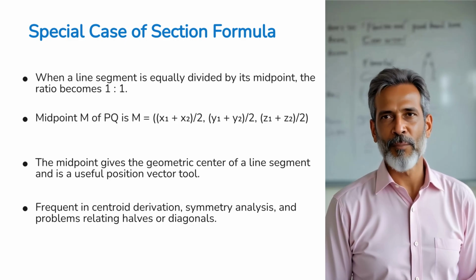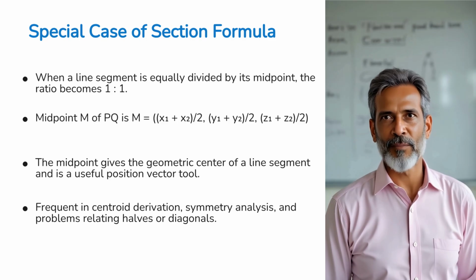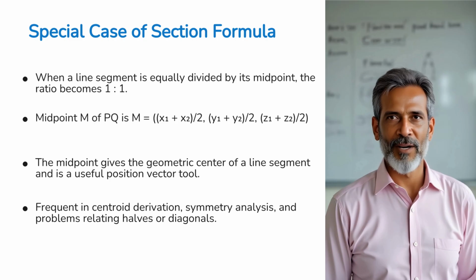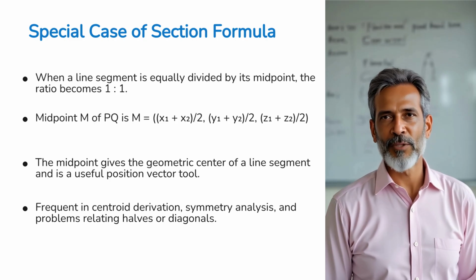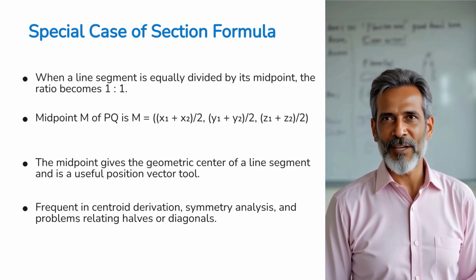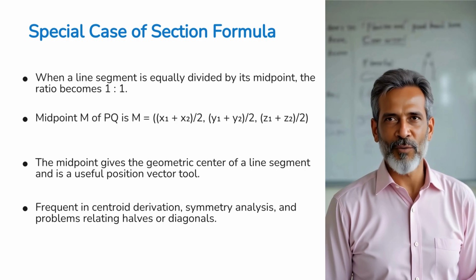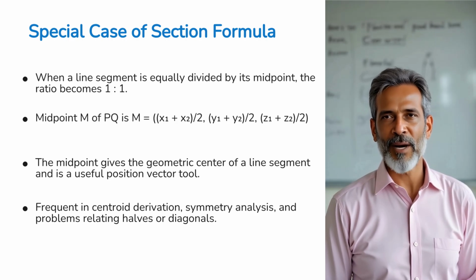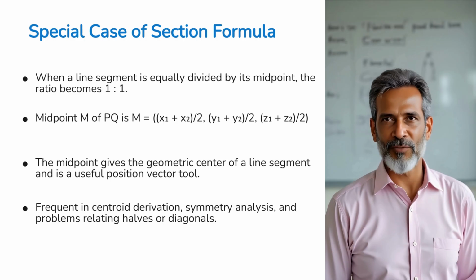Here's a simple but important special case of the section formula, the midpoint. When a point divides the line segment exactly into 2 equal parts, the ratio m to n becomes 1 to 1. The midpoint M of points P and Q is given by (x1 plus x2 divided by 2, y1 plus y2 divided by 2, z1 plus z2 divided by 2).